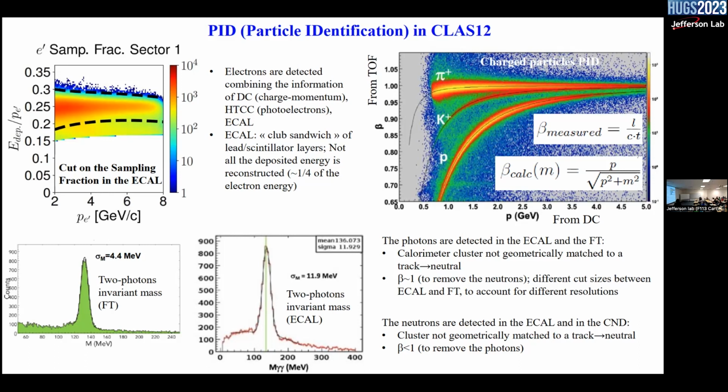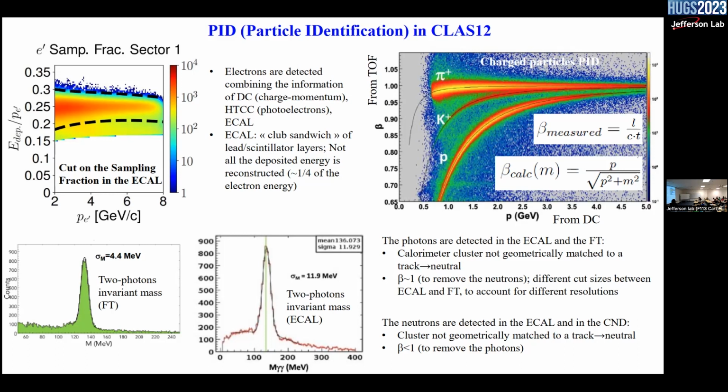The calorimeter is a sandwich of lead and scintillator layers. So it's a sampling calorimeter for which not all the deposited energy is going to be reconstructed. It's around a quarter of the electron energy that we reconstruct. By looking at the distribution of this fraction of deposited energy that we measure and the momentum that we get from the drift chamber, it's supposed to be at a given value if it's an electron. So by cutting around that value, you can ensure that you're getting electrons.